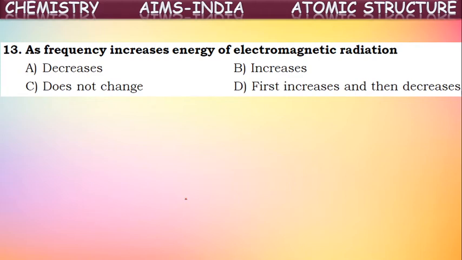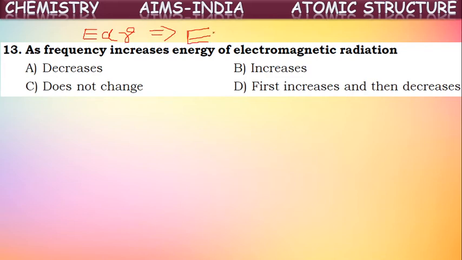Next. As frequency increases, energy of the electromagnetic radiation... So what is the relation between these two again? Frequency and energy. We have an equation according to quantum theory of radiation: energy is directly proportional to frequency, or E is equal to h nu.